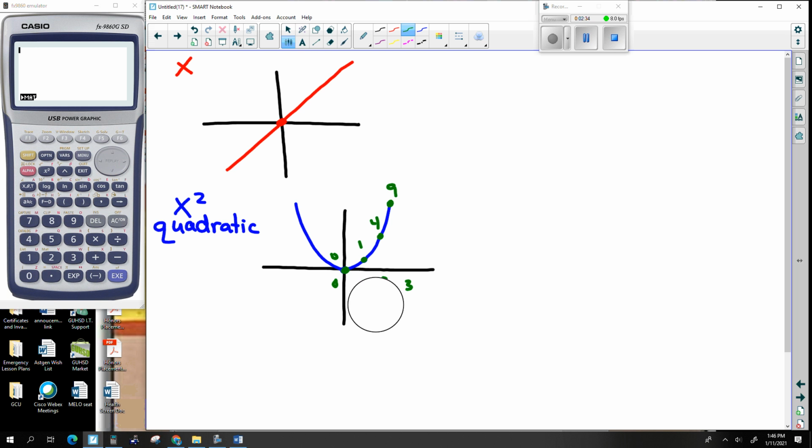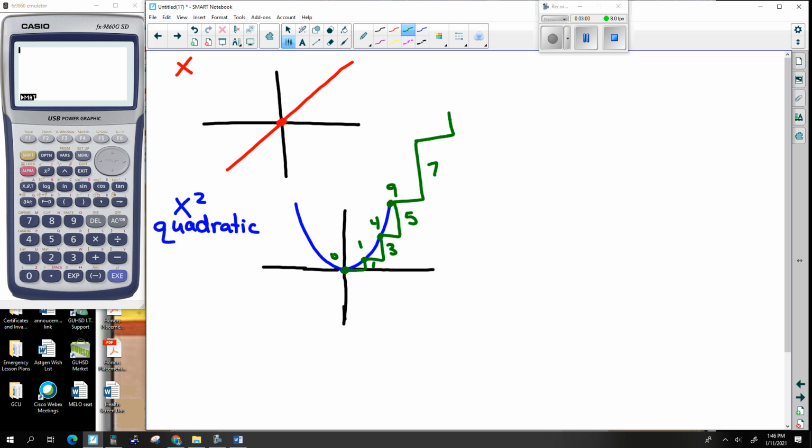Okay? A trick that I learned a while ago is to help create a quadratic a little bit faster. Notice the heights in between these dots. Between the 0 and the 1, the height difference is 1. Between the 1 and the 4, that has a height of 3. Between the 4 and the 9, that's a height of 5.